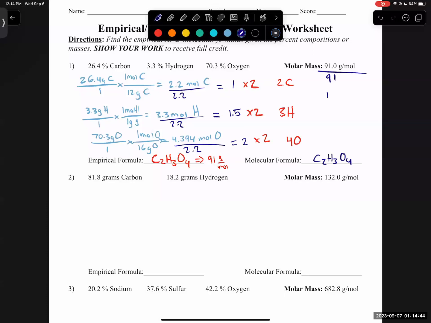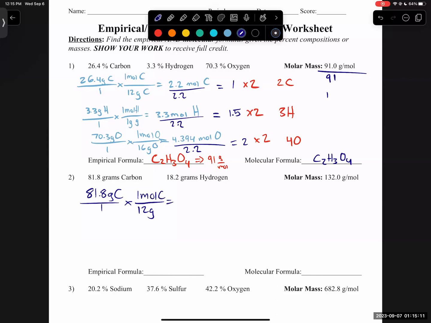Yeah, okay. So first step was we were given grams, so we do what? You convert to moles, right? We don't have to assume a 100-gram sample because we were already given it in grams. So we just divide by the molar mass to get from grams to moles. So 12 grams for every 1 mole of carbon.